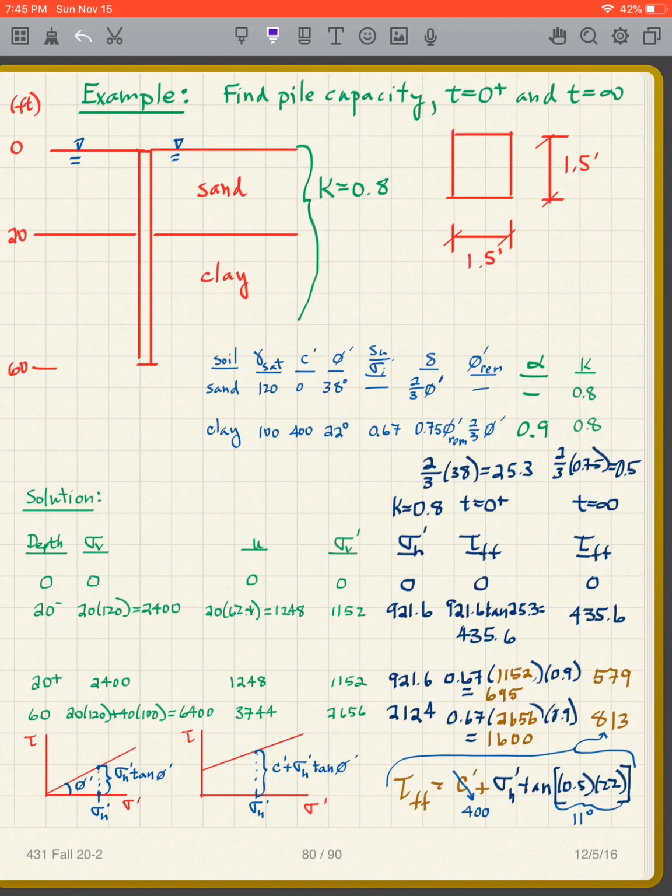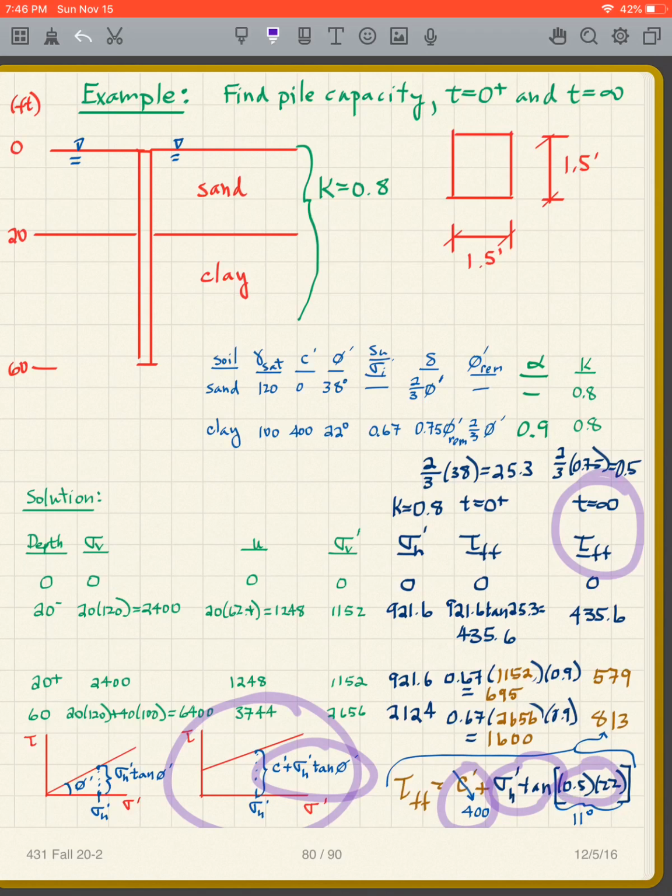Then what? Now at t equals infinity, what's my tau ff? Well, for my clay, I have to use this failure envelope here, which gives me C prime plus sigma H prime tangent phi prime, except that I can't use the phi prime.